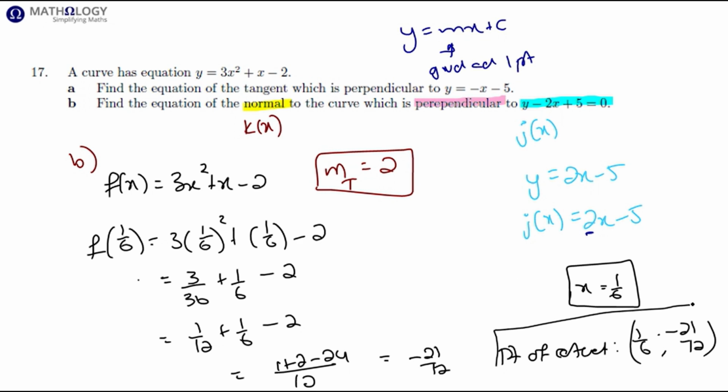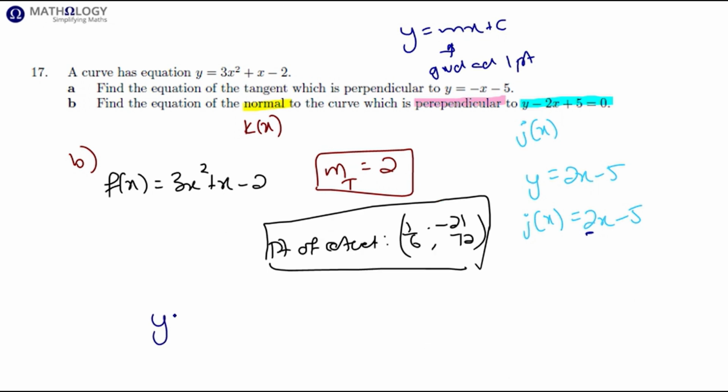We now have the point of contact between the tangent and the curve, and we have the gradient of the tangent, which is 2. Y equals mx plus c.